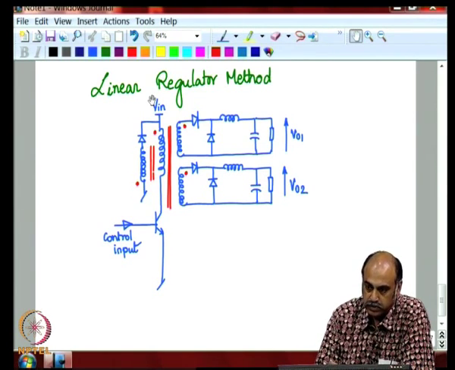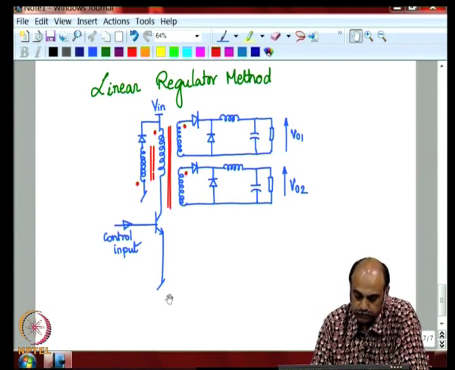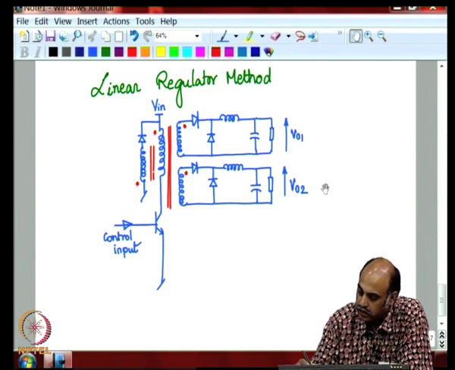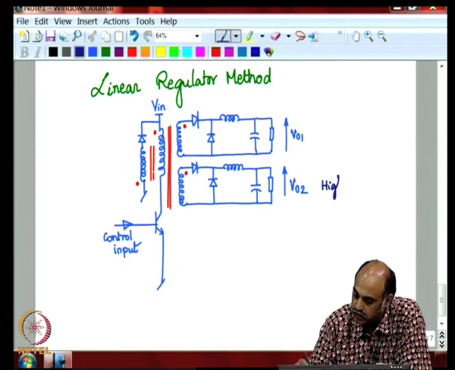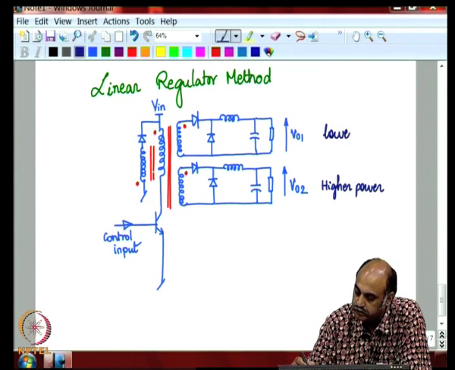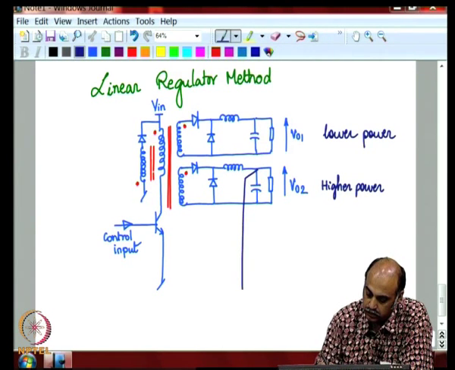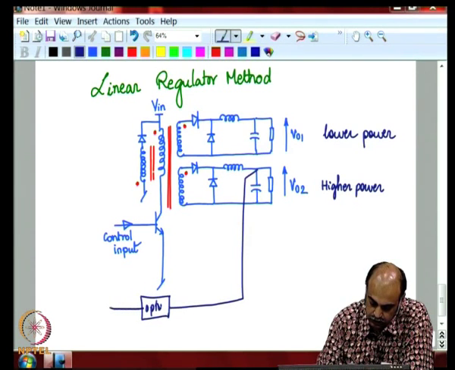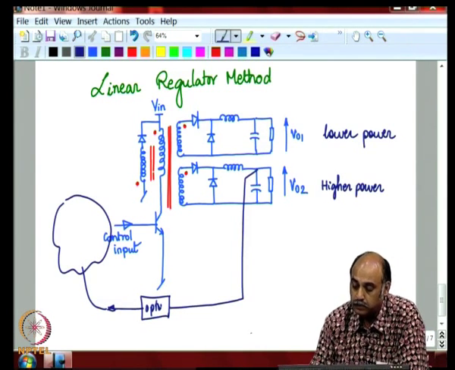Now, the problem, as I was trying to tell, is how do we control the two outputs. Depending upon the power, let us say this is the higher power, this is the lower power one. For the higher power, let us feed back through our regular opto circuit that we discussed to the control portion.